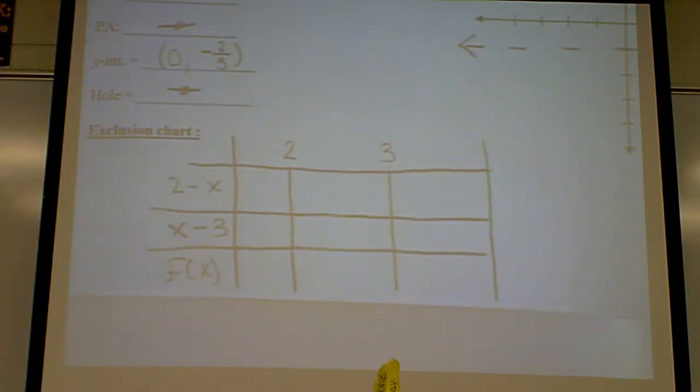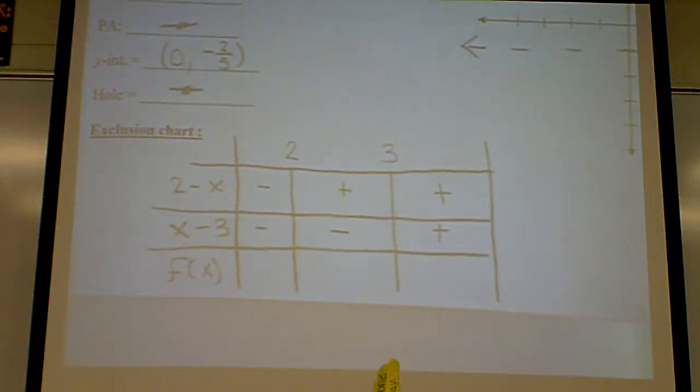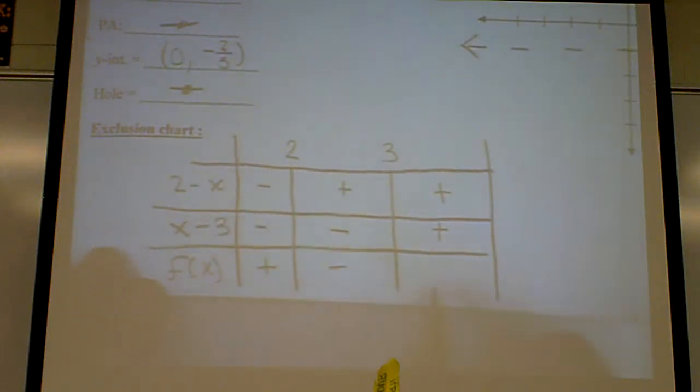So my top for 2 minus x, I would make all my negatives to the left of which number? 2. And for x minus 3, I would do negatives up until 3, and then switch to positives. So this one we have a positive, negative, positive.